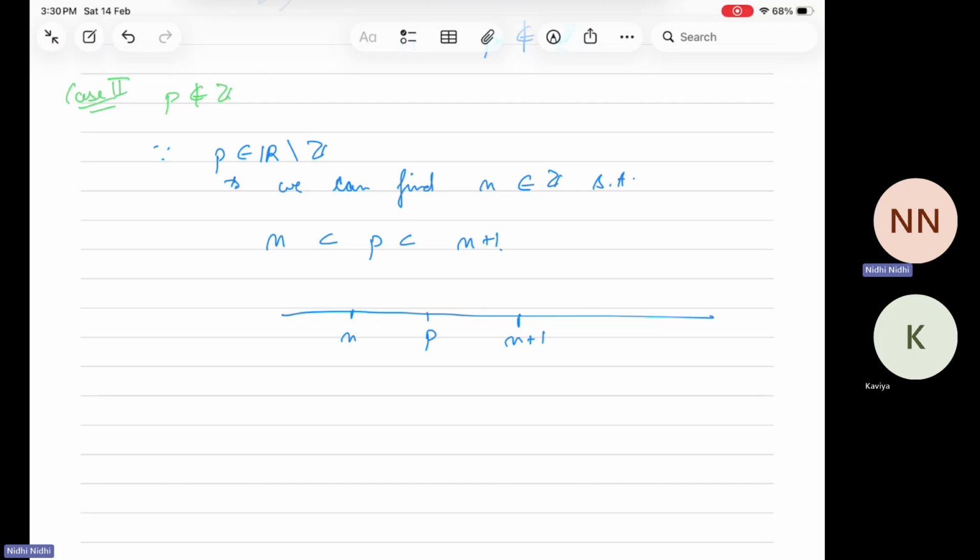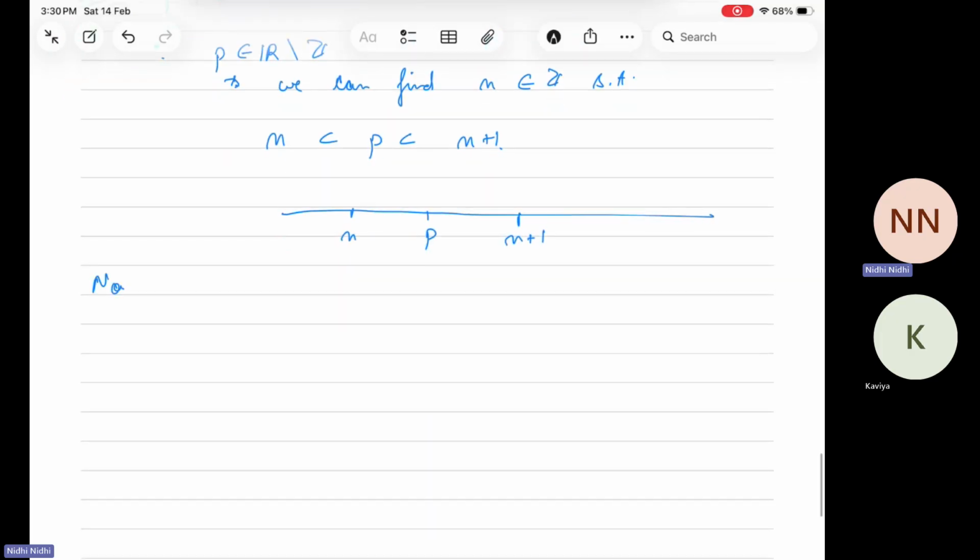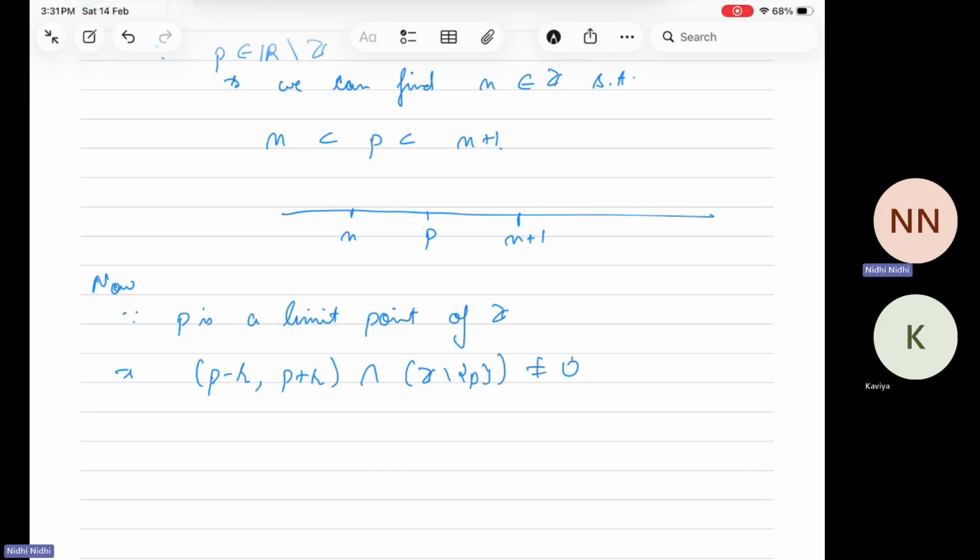Now, since P is a limit point of Z, then again (P minus R, P plus R) intersection Z minus {P} is non-empty for every R positive.